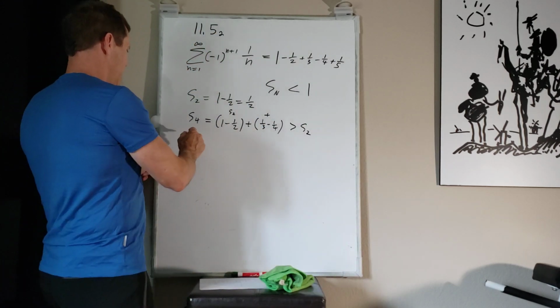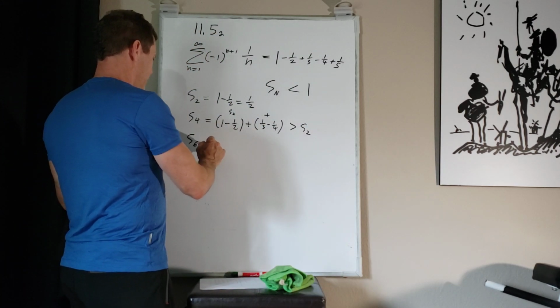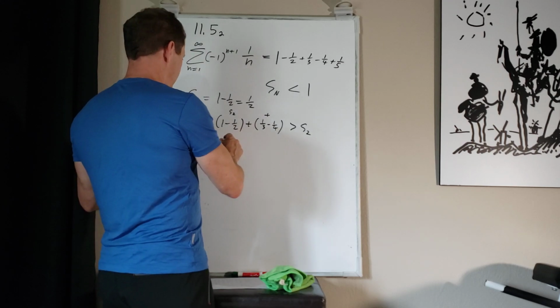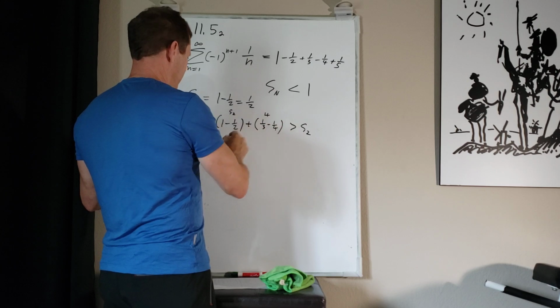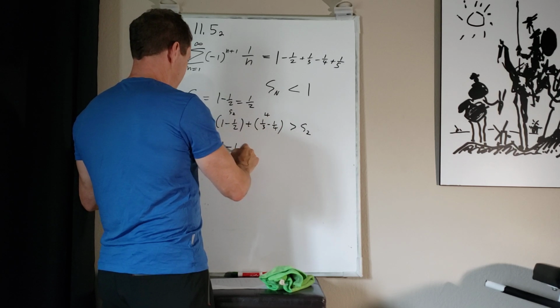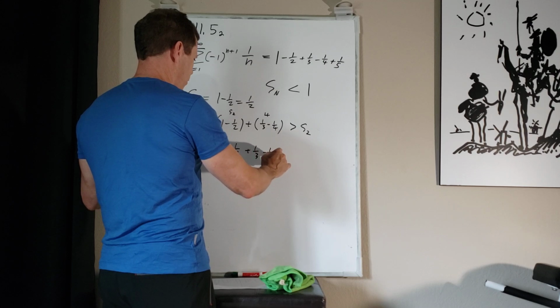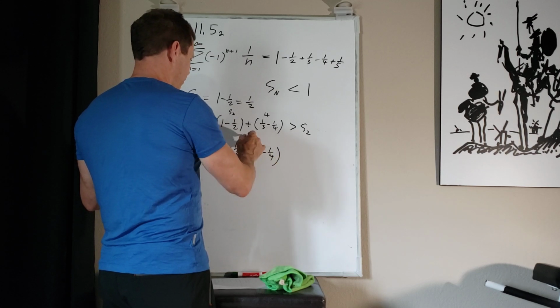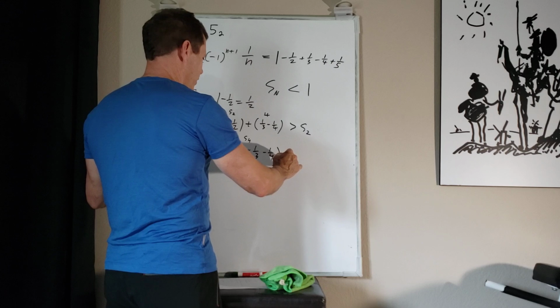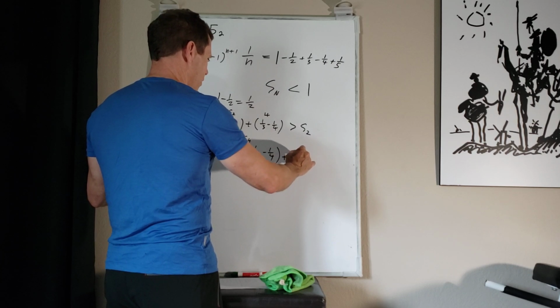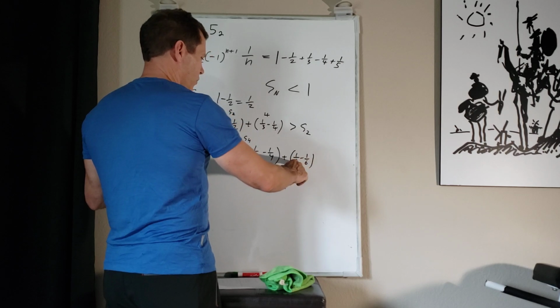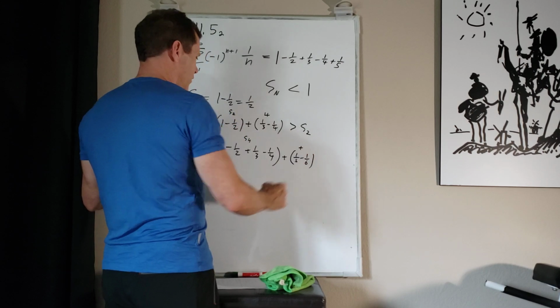What about S6? S6 equals 1 minus 1/2 plus 1/3 minus 1/4. That right there is S4. What we're going to do now to get S6, you're going to add to that 1/5 minus 1/6. 1/5 is bigger than 1/6, so that's a positive number.